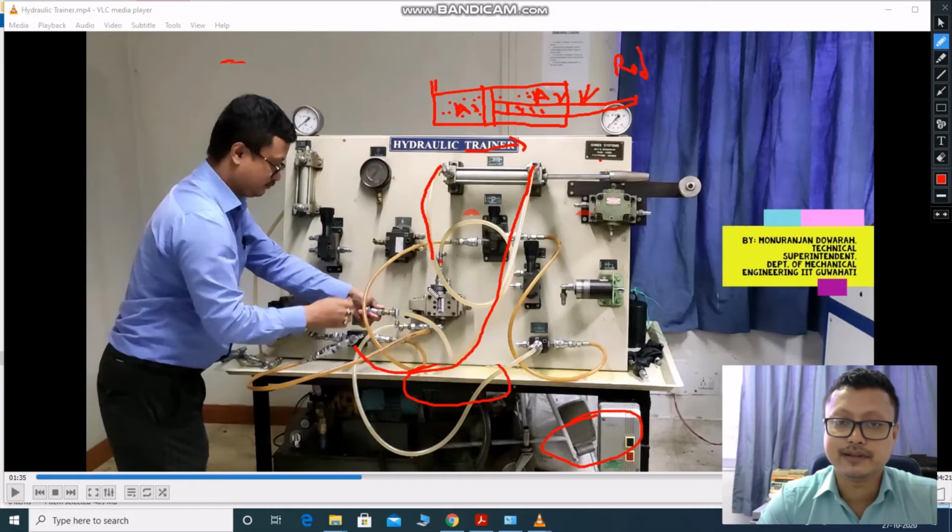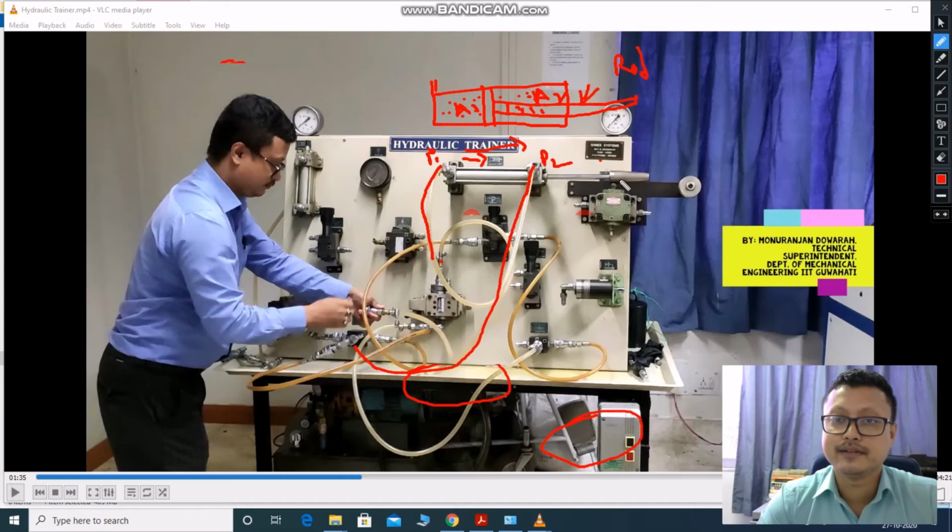Though it is connected directly from the pump, and here also from the directional control valve, the pressure at both points, P1 and P2, is the same, but due to the cross section area difference, oil pressure will move this piston toward the forward stroke.